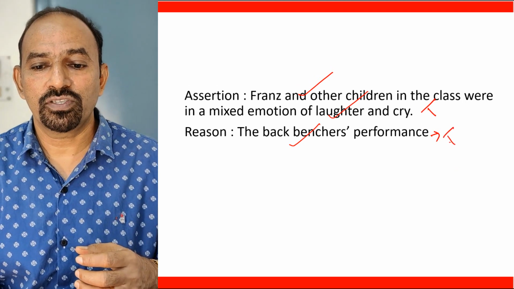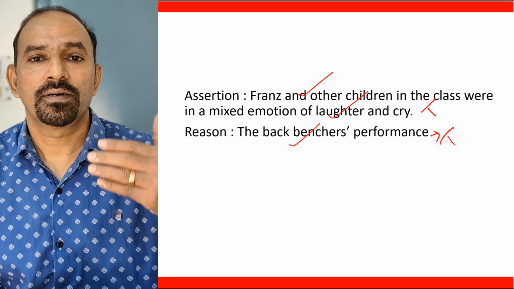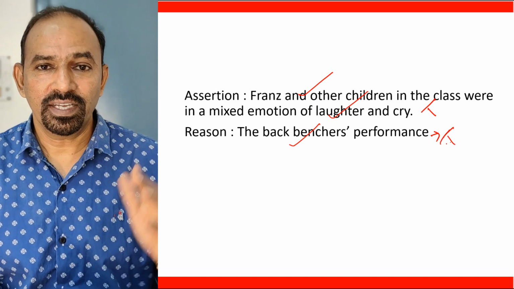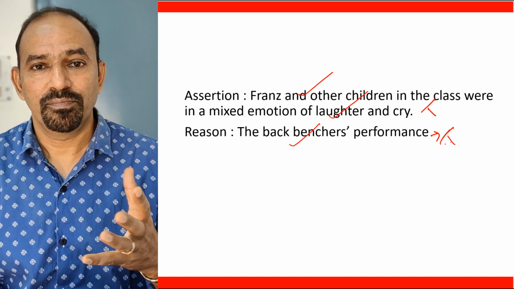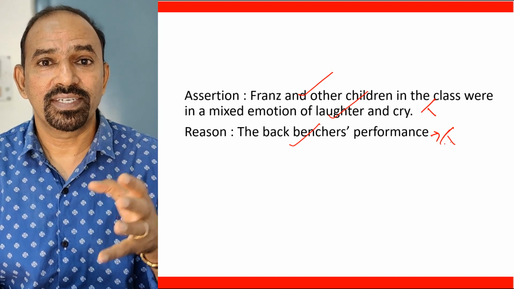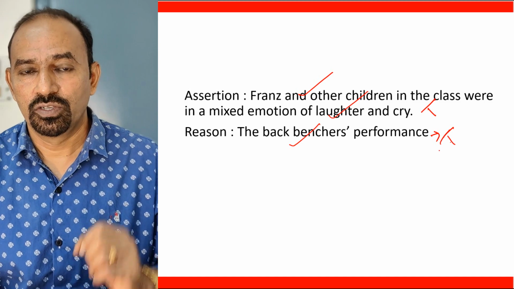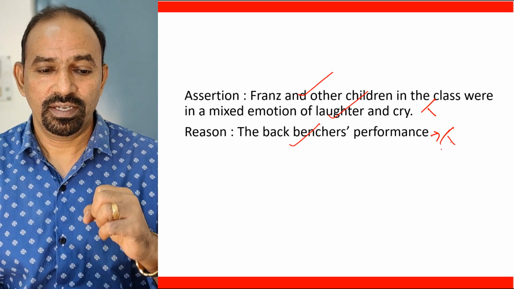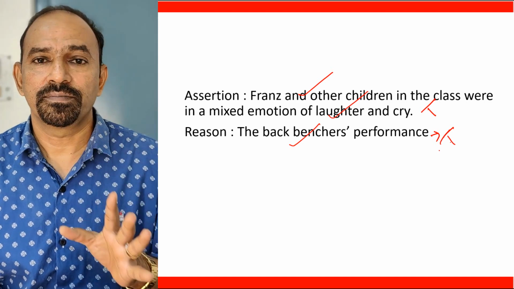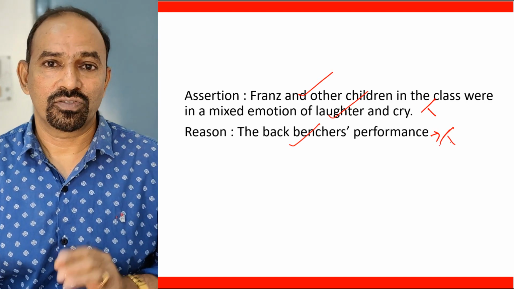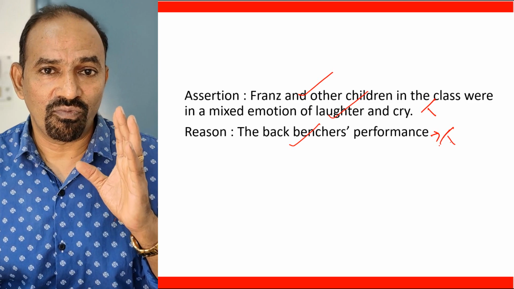Who are the backbenchers here? The village elders. Their recitation of the alphabets really makes these children laugh and cry at the same time. So both the statements are correct and R is the right explanation of A. That is the right answer. So we can choose scenario 1.